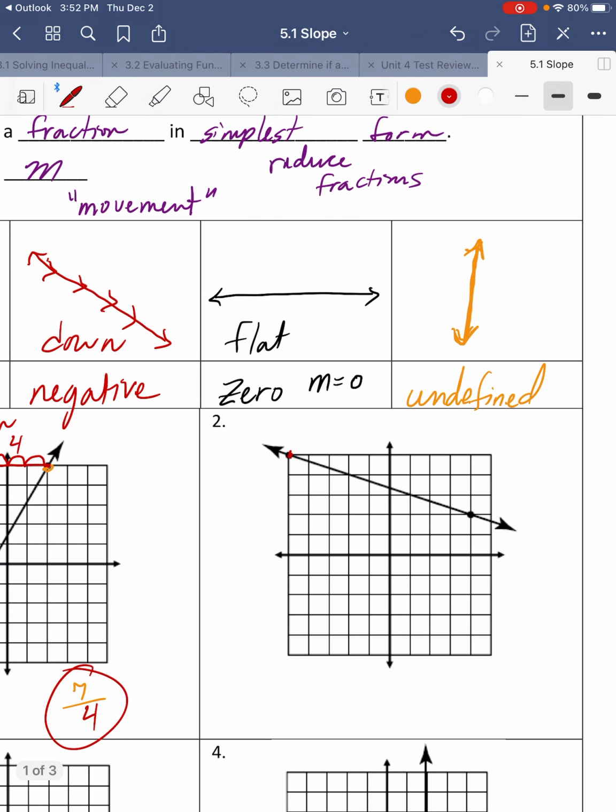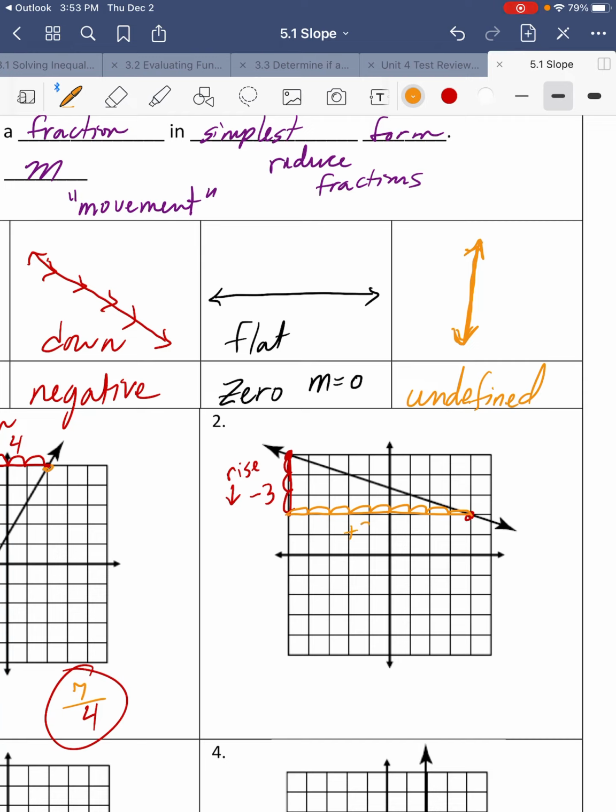All right, let's check out number 2. From left to right, how do I get there? I always go up and down first because the numerator is first. To get there, we have to go down 1, 2, 3. So -3, that's the rise, which in this case is down. And then we go right 1, 2, 3, 4, 5, 6, 7, 8, 9.